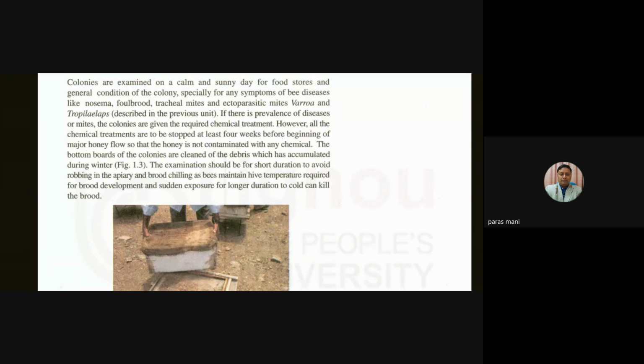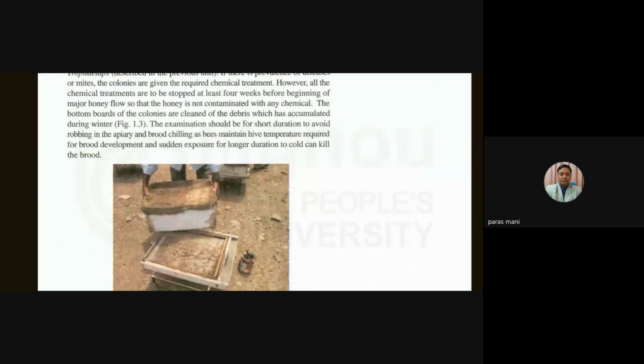The examination should be for short duration to avoid robbing in the apiary. Other colony bees may attack these colonies for the food source like honey or pollen. So to avoid that, you have to complete the monitoring in a very short time.